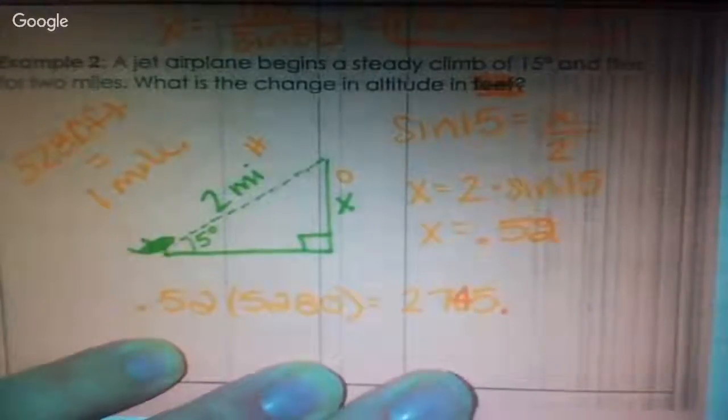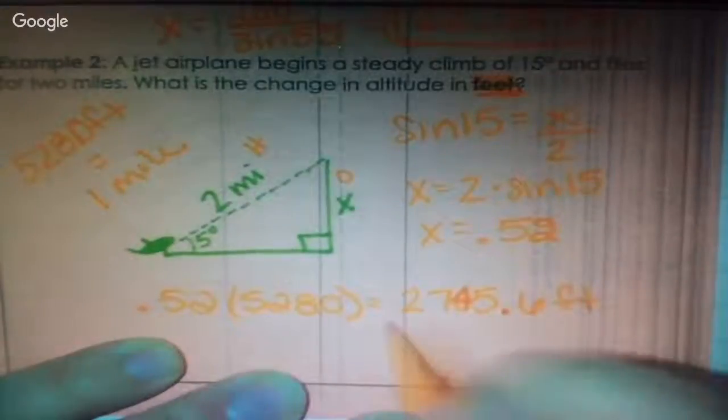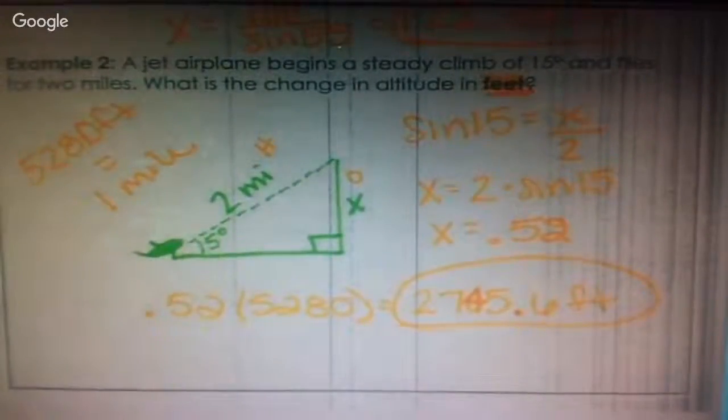Okay, and now we're in feet. So please be careful. How would you know that you're 15 degrees? Because it's climbing 15 degrees. So you're starting at the bottom and you're climbing up.